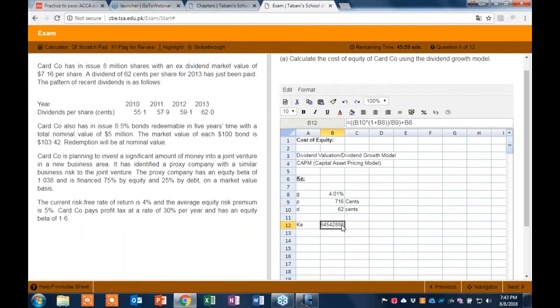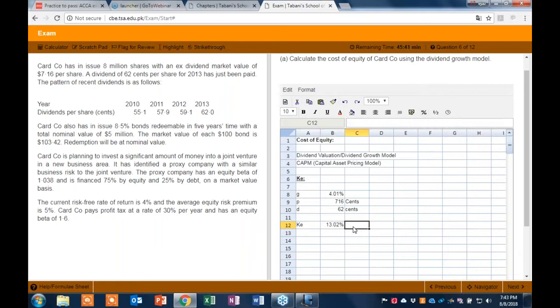So again, you can see that the format isn't suitable. And since cost of equity will always be in percentage form, we need to click this percentage tab. And we need to tell the spreadsheet that we need it up to 2 decimal place.